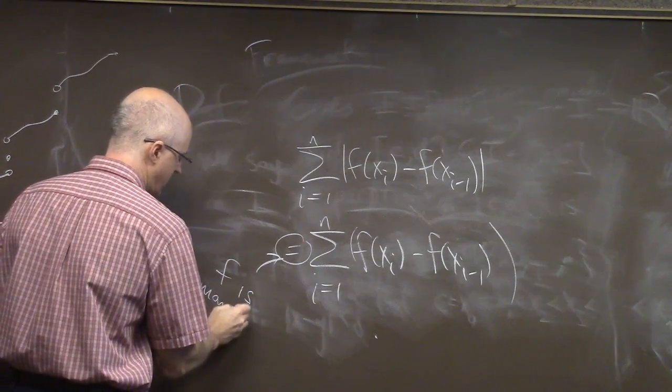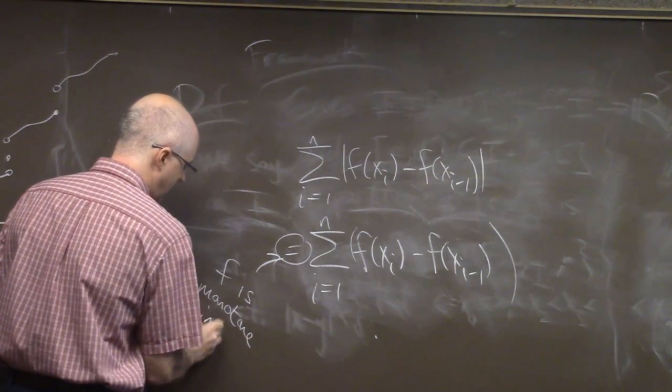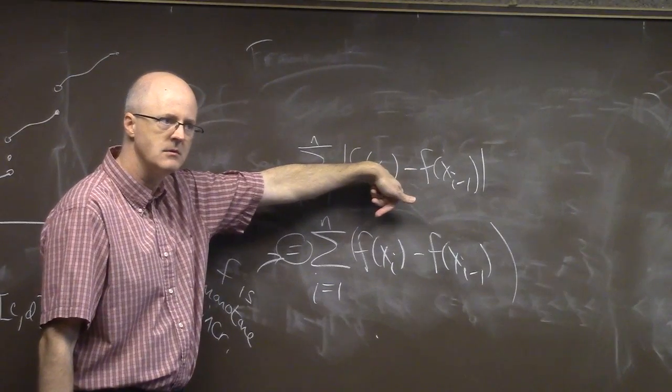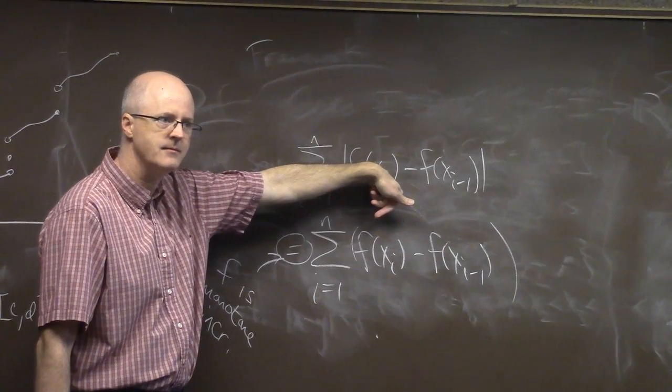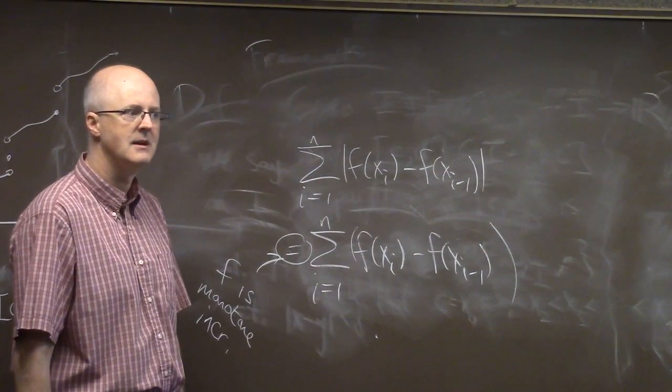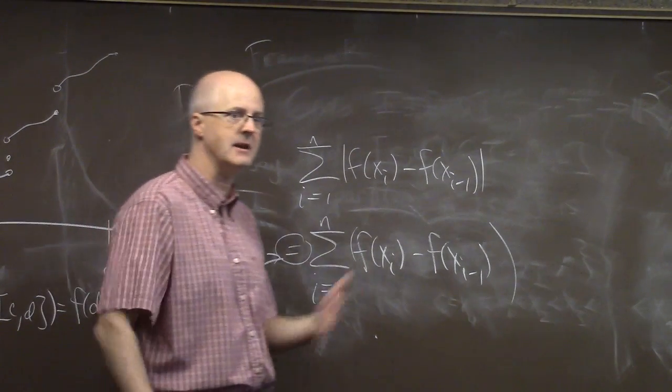If it was monotone decreasing, I could get rid of the absolute value signs as well, though I'd have to switch around the order of the difference. And no matter what the x's are, this is a telescoping sum. You get a bunch of cancellation.